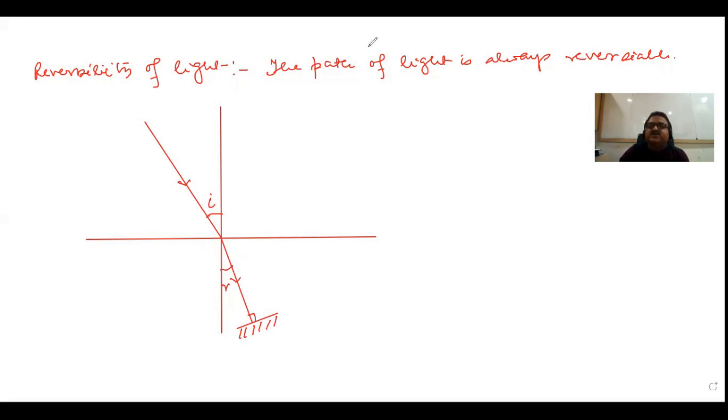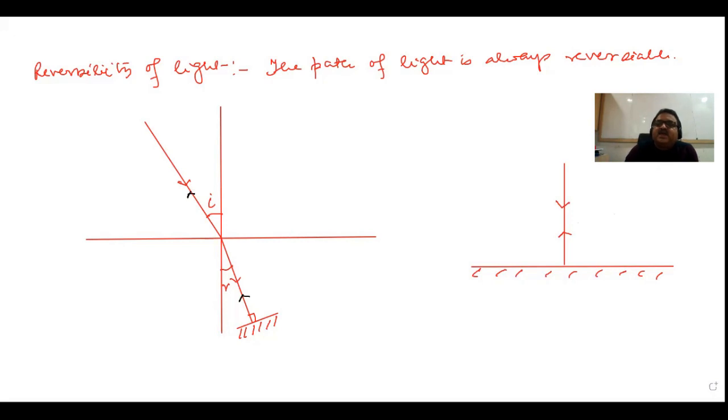From the concept of reflection, we know that if light falls on a reflecting surface along the direction of the normal, it retraces its path. That means if it comes like this, it will also go like this. I'm showing the backward path by the black lines, correct?